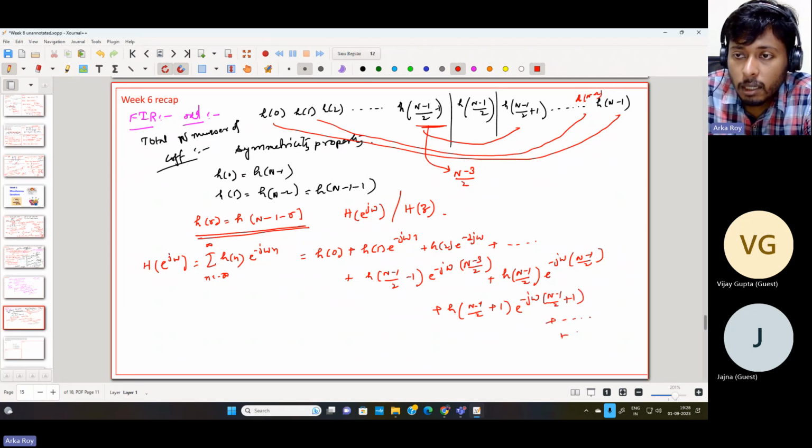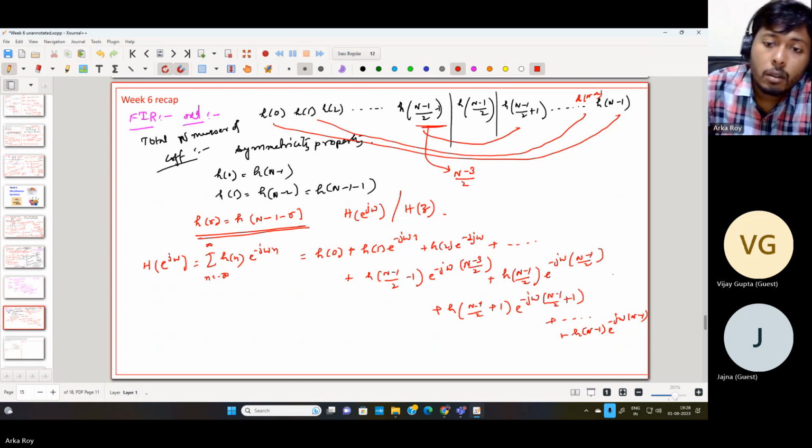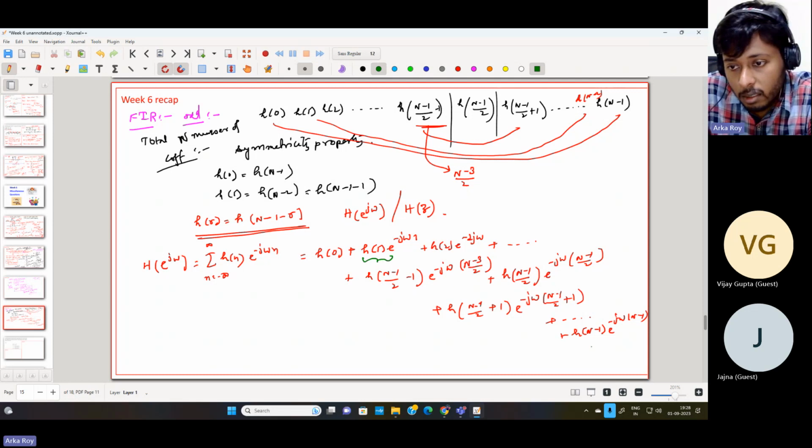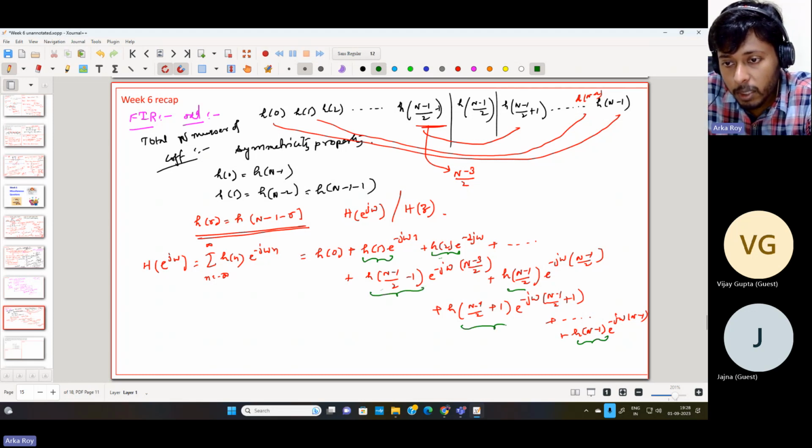And likewise I will get h of n minus 1 e to the power minus j omega n minus 1. Now the relation is h of 1 is equated with h of n minus 1. Similarly, h of 2 is equated with h of n minus 2, and h of n minus 1 by 2 is equated with this particular term.